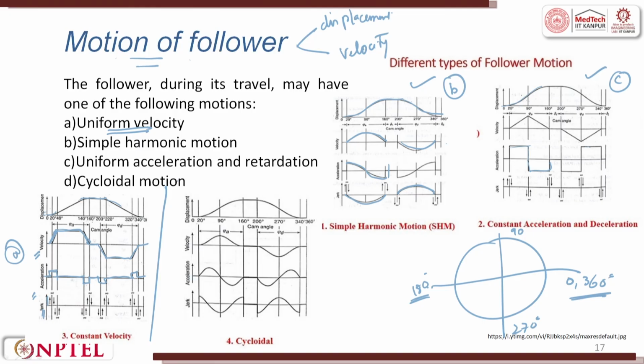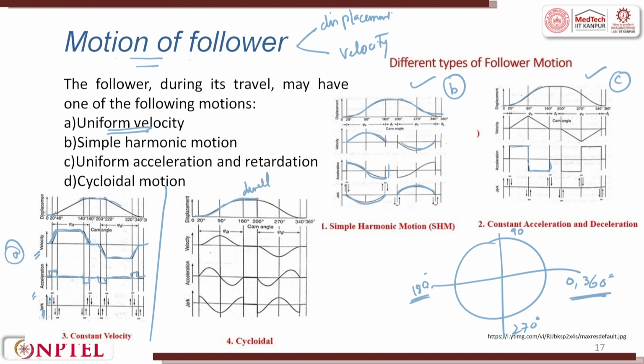The last motion is called cycloidal motion. In cycloidal motion, you can also have a displacement curve like this. The displacement increases from 20 to 90, then there is a slow increase to 180 or 160, then from 160 to 200 there is a flat plateau. This is called a dwell cycle, and then you can have a fall down, a displacement coming in the negative direction.